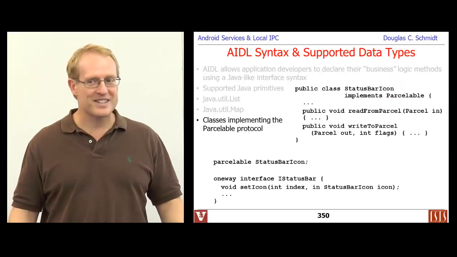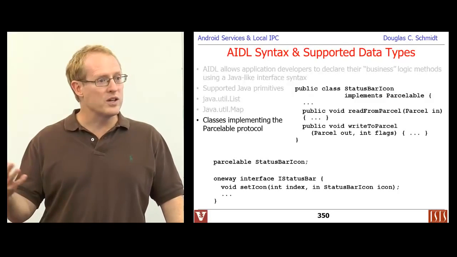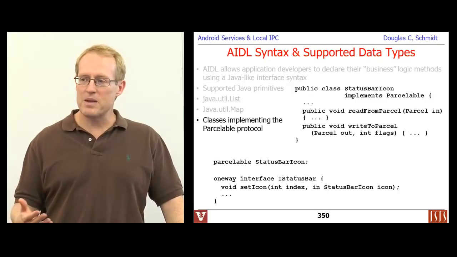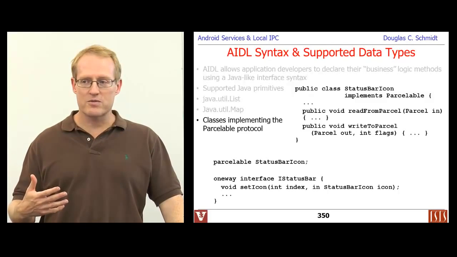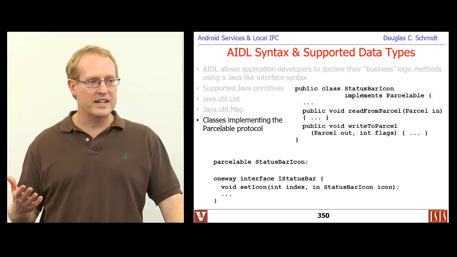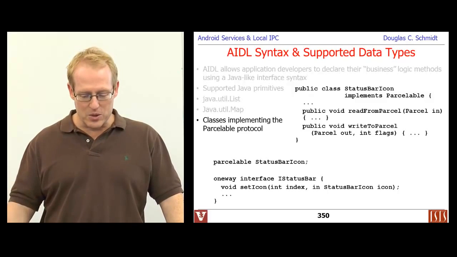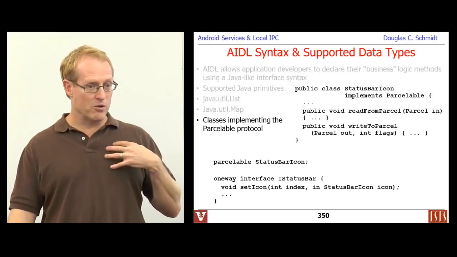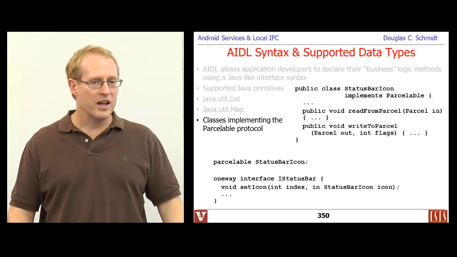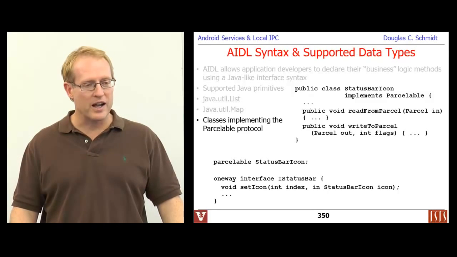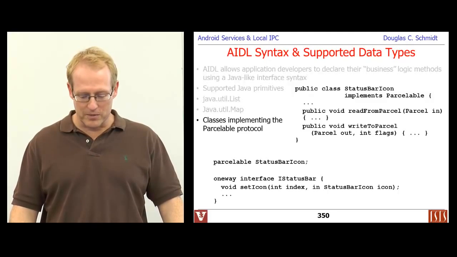That's the next topic. So you can actually define your own data types and have them be passable back and forth as parameters or return values from methods defined in AIDL interfaces. And the way that you do this is kind of interesting. So you define your own class, like this is one that I got out of Android for the status bar icons. There's something called a status bar icon, which implements Parcelable.